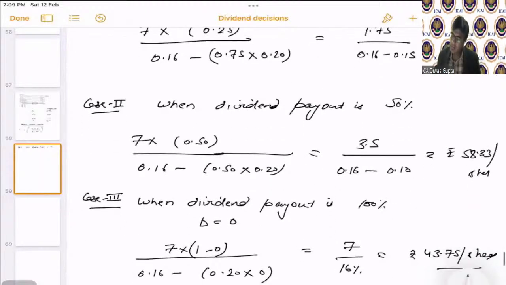So in all the three cases, we have calculated the price using the Gordon's formula. Very easy, very simple.